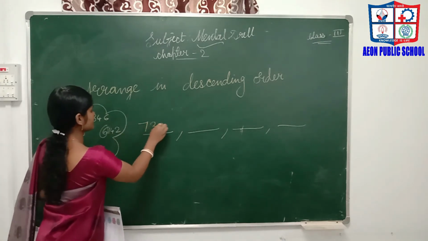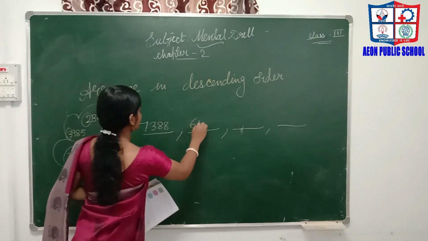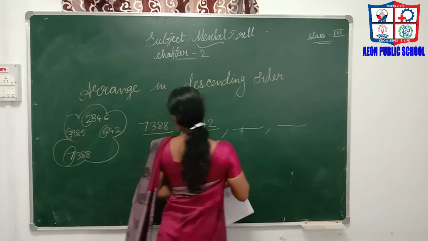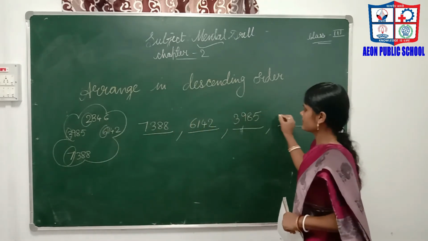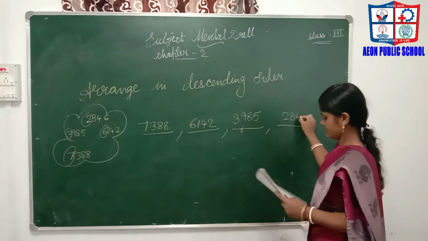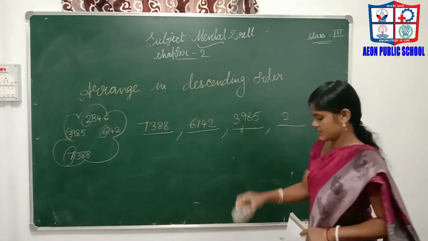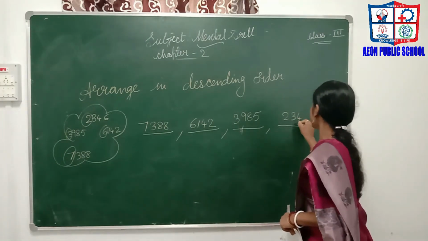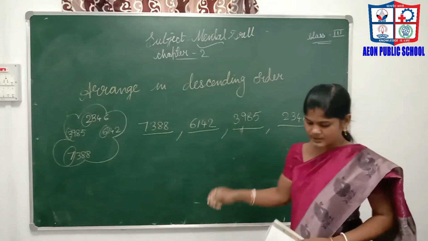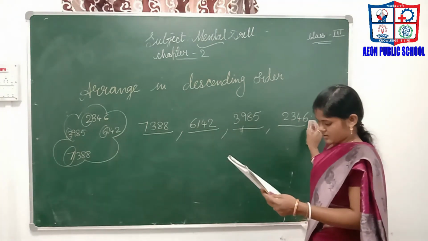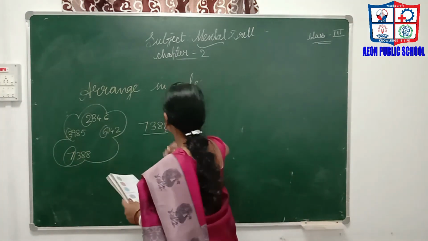So 7388. The next number is 6142. Then 3985. And the last one is 2346. So like this you compare from the biggest number to the smallest number. Descending order means big to small. So on page number 14, like this you have to do the 7th bit.